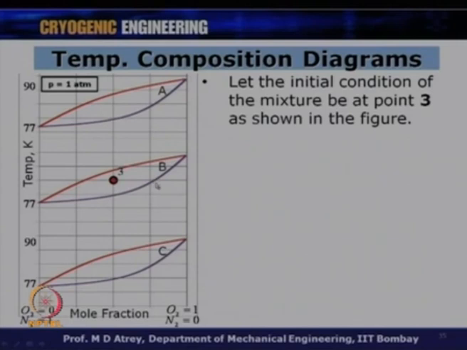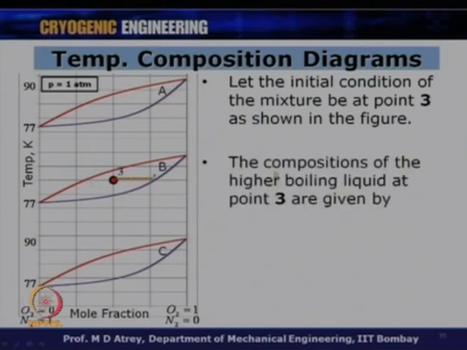As we have done earlier, if I draw a horizontal line here, the point where it intersects the bubble line gives me the liquid fraction, and the point where it intersects the dew line gives me the vapor fraction. The compositions of the high boiling component at 0.3 are given by 3F and 3G. 3G gives me the vapor condition, 3F gives me the liquid condition.